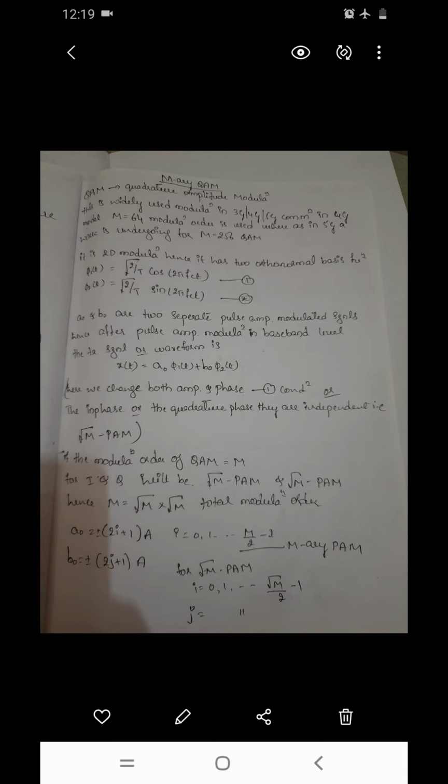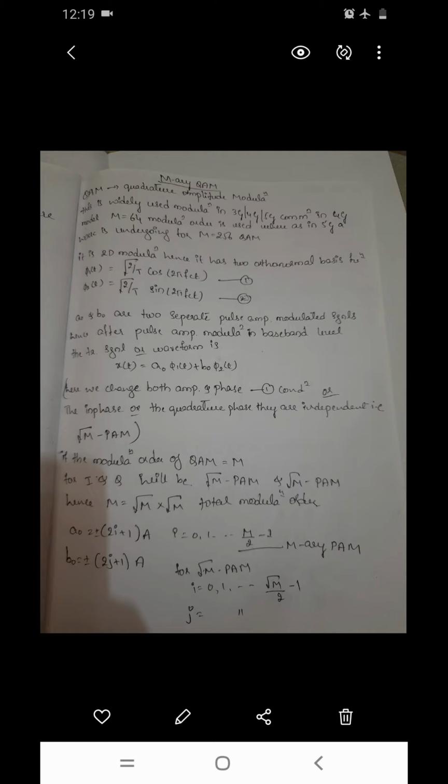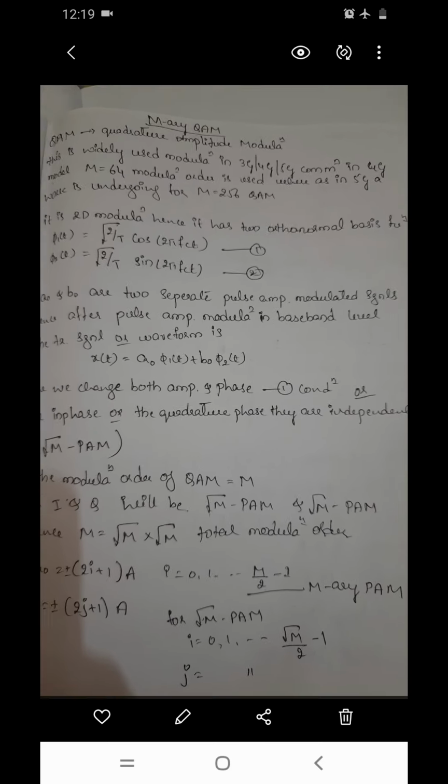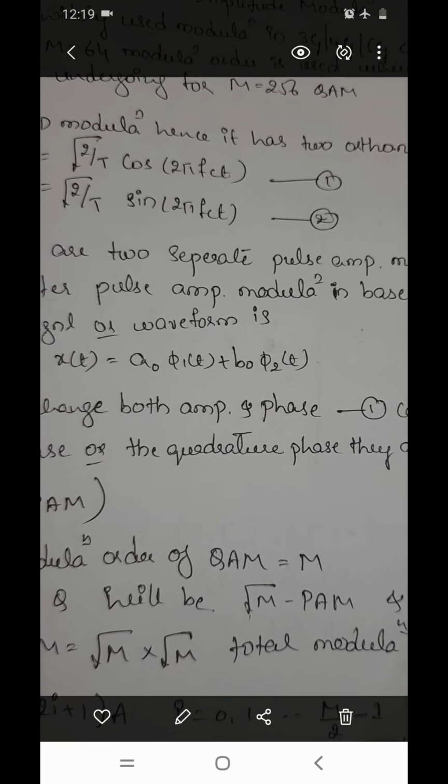A0 and B0 are two separate pulse amplitude modulated signals. Hence, after pulse amplitude modulation at baseband level, the transmitted waveform is given as x of t is equal to A0 phi 1 of t plus B0 phi 2 of t.